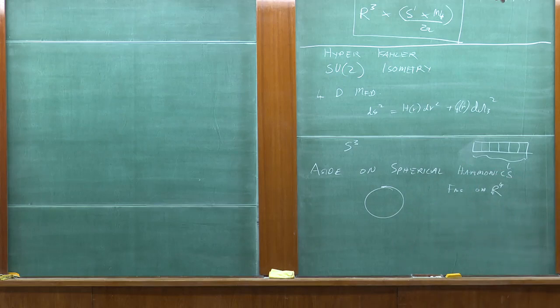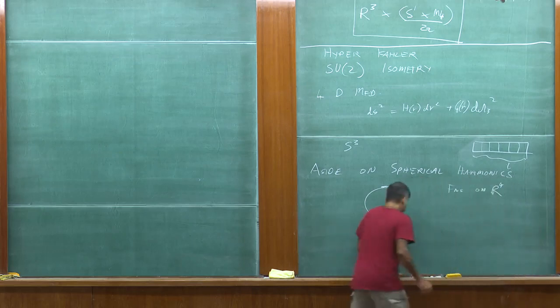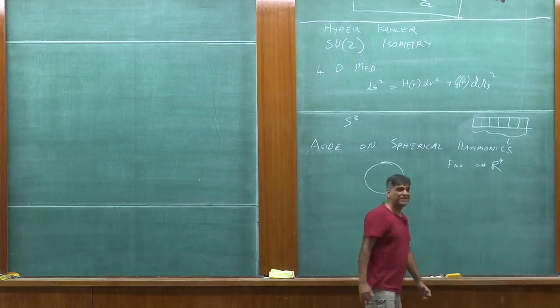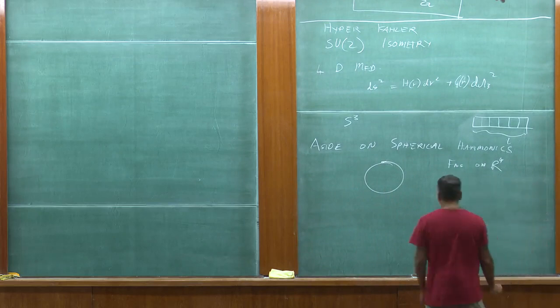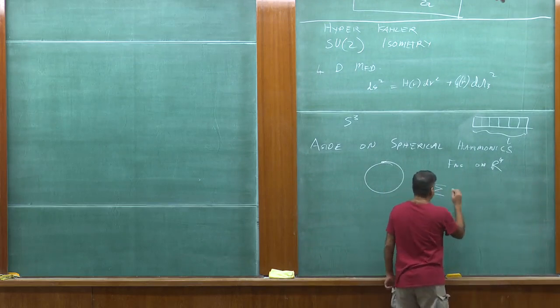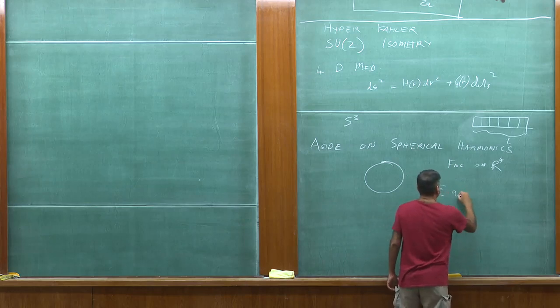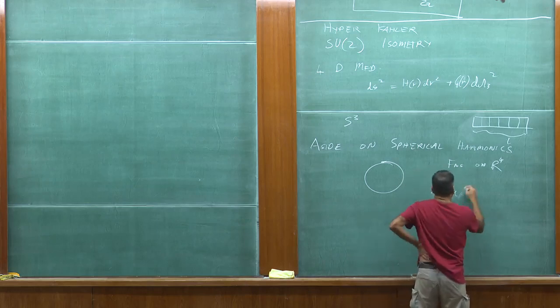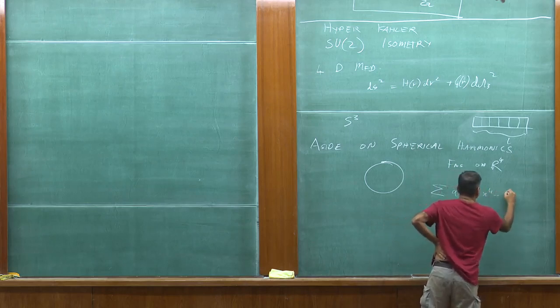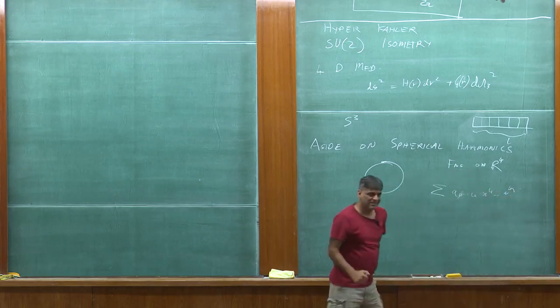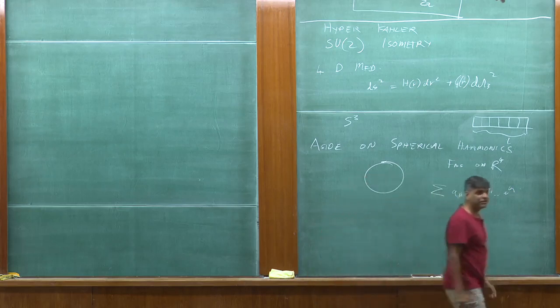Now we know one nice expansion basis for functions on R4, which is Taylor expansion. Okay? So every function on R4 can be written as a sum of A_{i1...in} x^{i1}...x^{in}. And therefore these coefficient functions A's are a basis set of data for functions on R4.